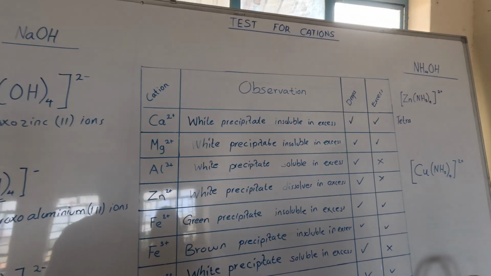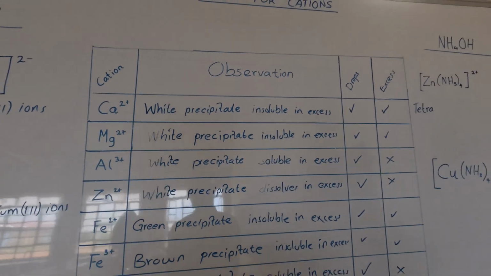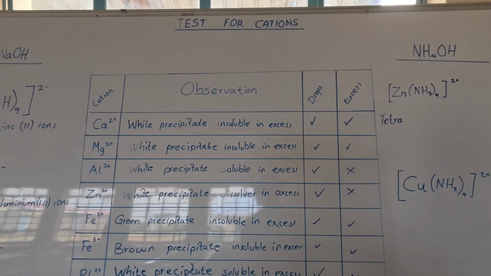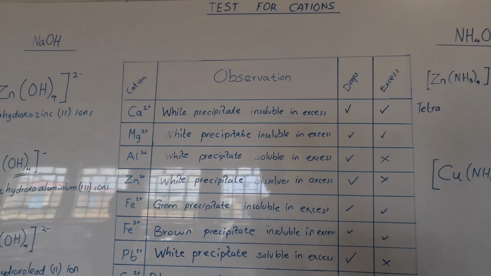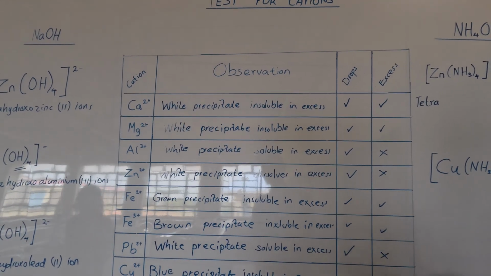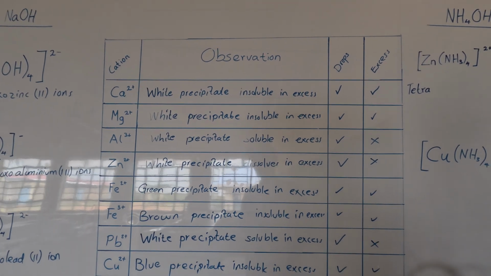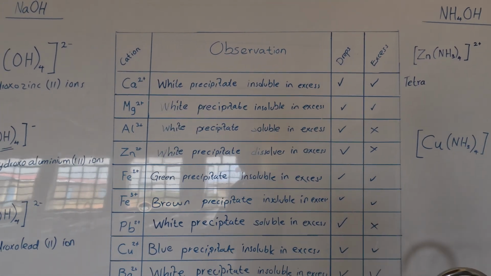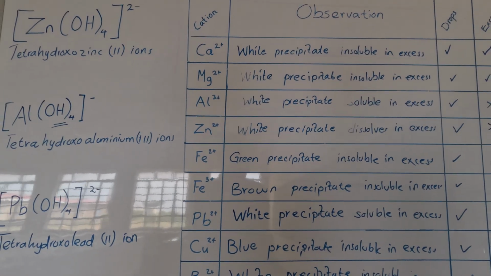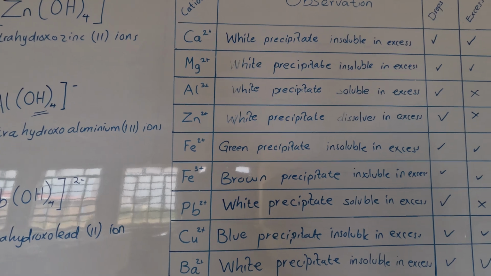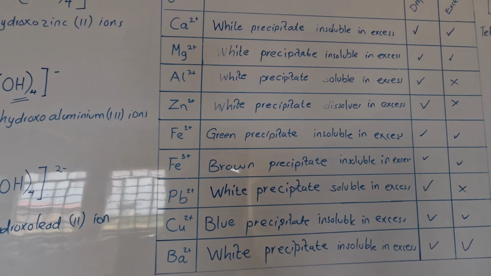Now in this table, what you're seeing here is that sodium hydroxide is going to form precipitate with all these substances: calcium, magnesium, zinc, iron 2, iron 3, lead, copper. But we need to know the color of this precipitate. For the colored cations, green for iron 2, brown for iron 3, and blue for copper.